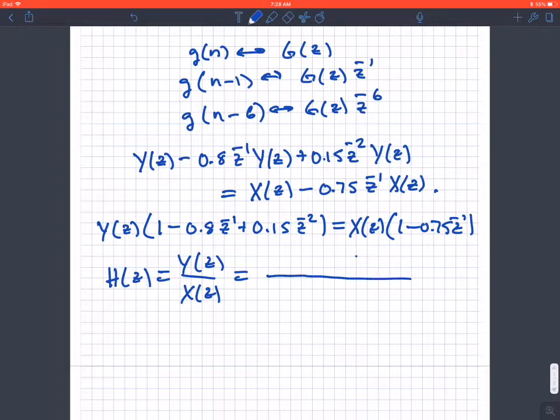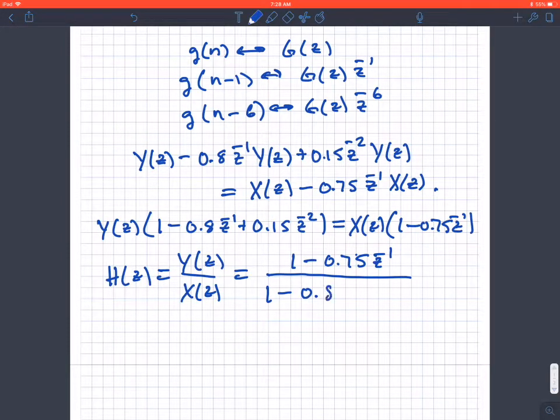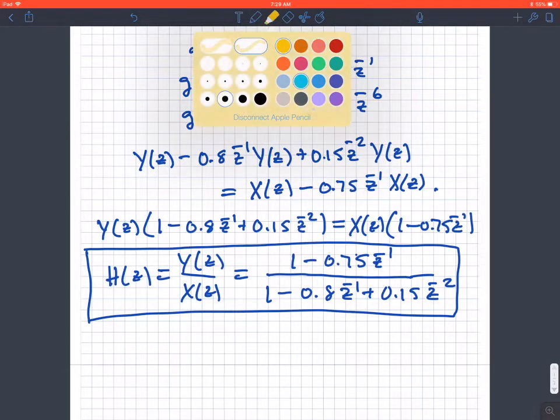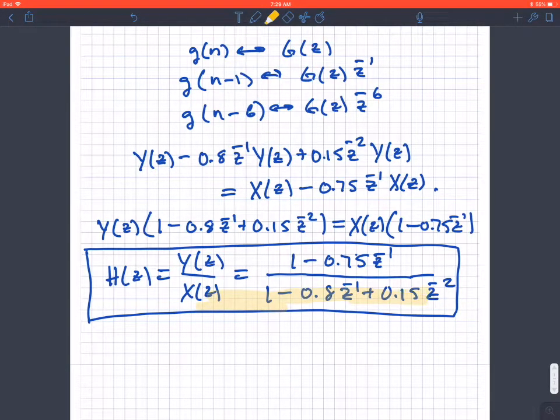It's 1 minus 0.75 z to the minus 1 over 1 minus 0.8 z to the minus 1 plus 0.15 z to the minus 2. So at this point we now have the transfer function h of z, and it's given by this expression. What I want you to notice is you could have gone straight to this answer.